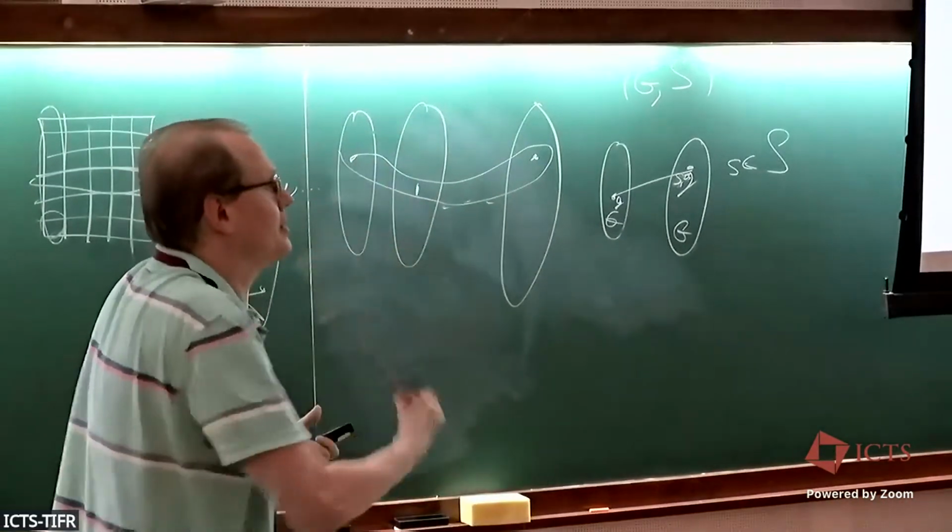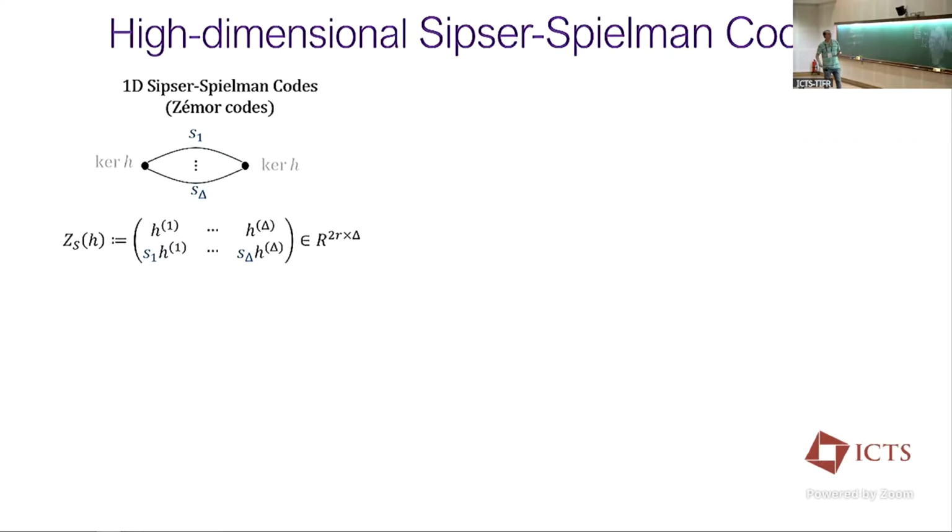And why I got interested in 2020 when I first encountered this paper is because these codes are exactly what we need to use in the lifted product construction, because they have parity check matrices that can be described as a matrix over a ring, because we have a free action of the group on here and here.